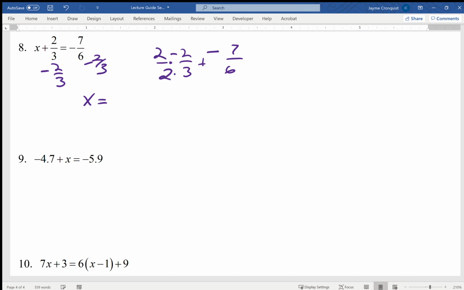So I'm going to multiply this one by 2 over 2. That's going to give me negative 4 over 6 plus a negative 7 over 6. Well, negative 4 and negative 7 is 4 plus 7, which is 11, with a negative. So this is a negative 11/6. So that is my answer.